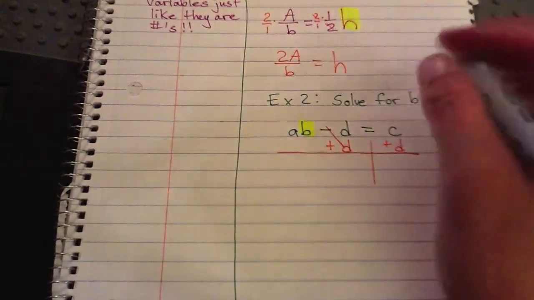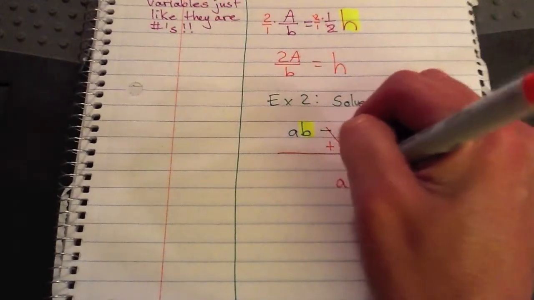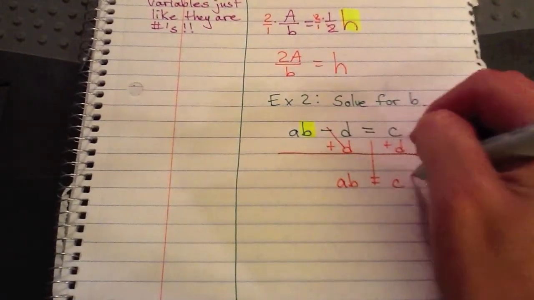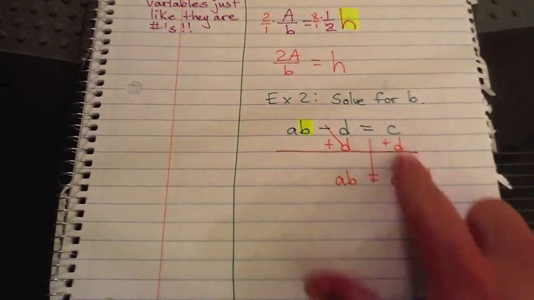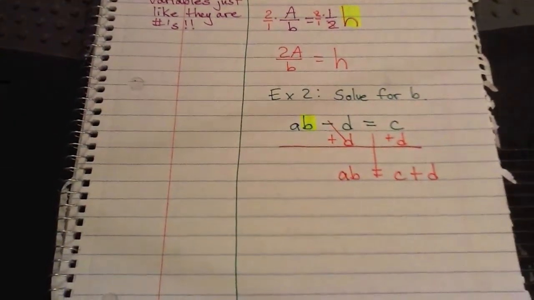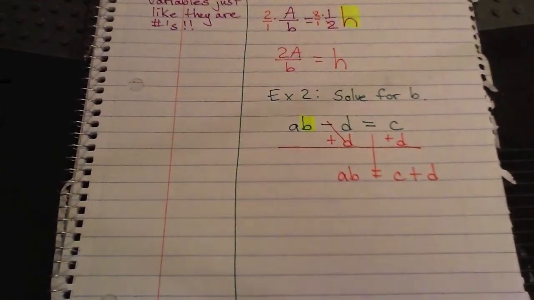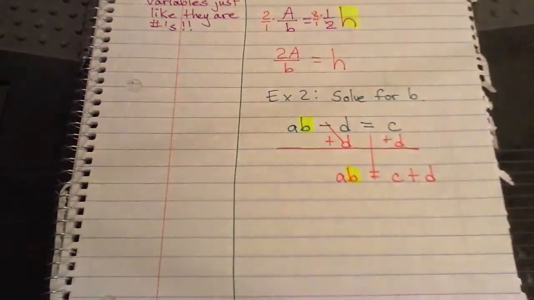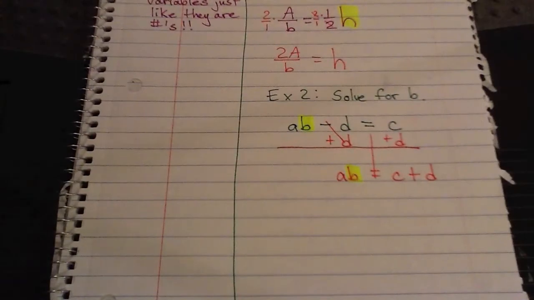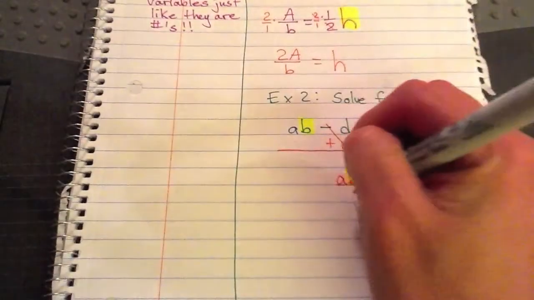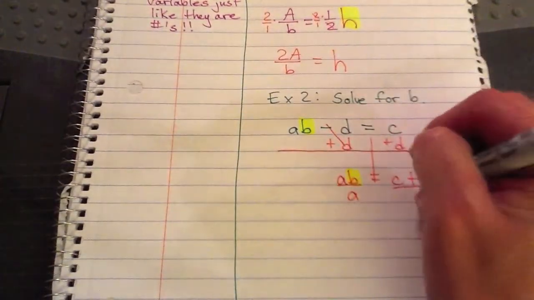They become 0 over here. So now I have ab equals c plus d. These aren't like terms, so I can't combine them. It's just c plus d. Okay, again, now I'm going to use my highlighter. I'm still trying to isolate that b. A is multiplying to b, so I'm going to go ahead and divide both sides by a.